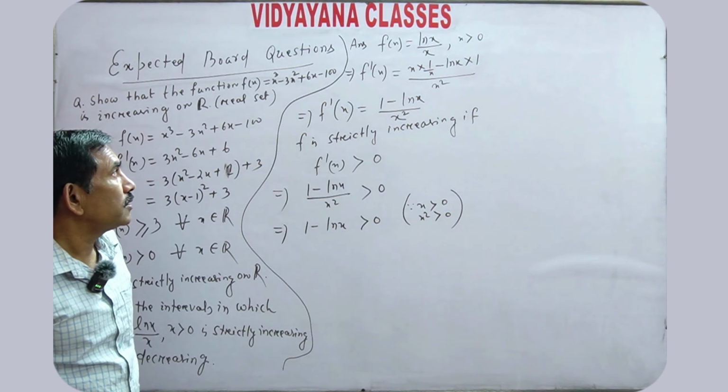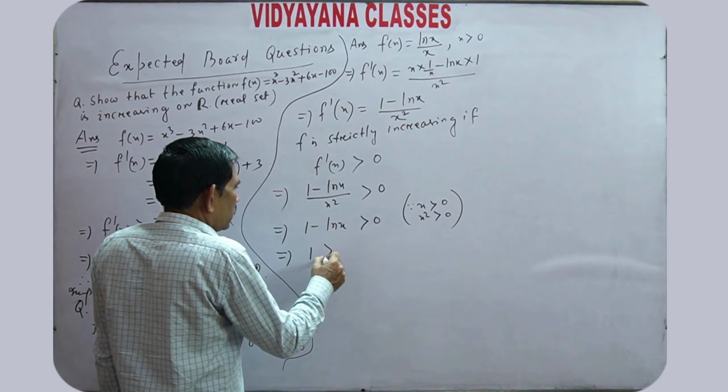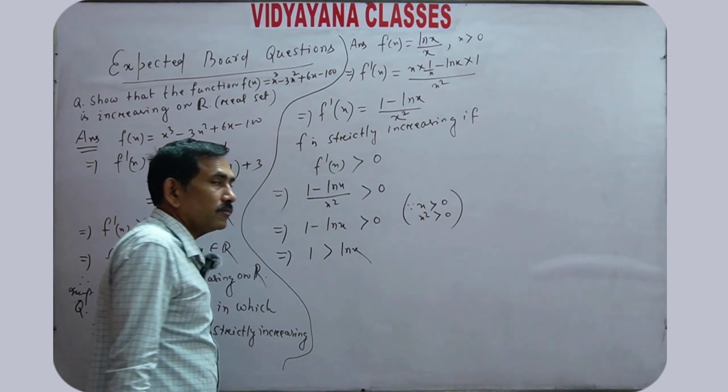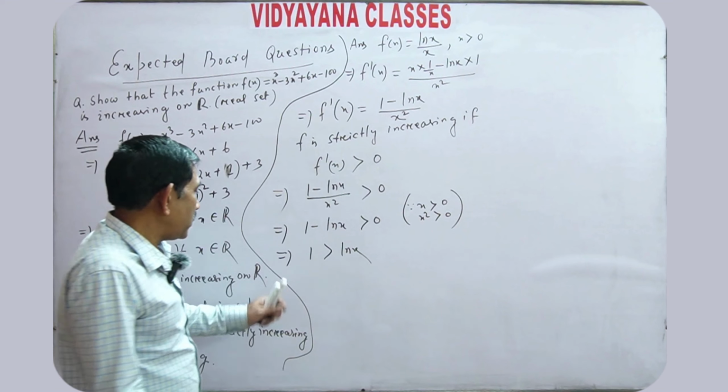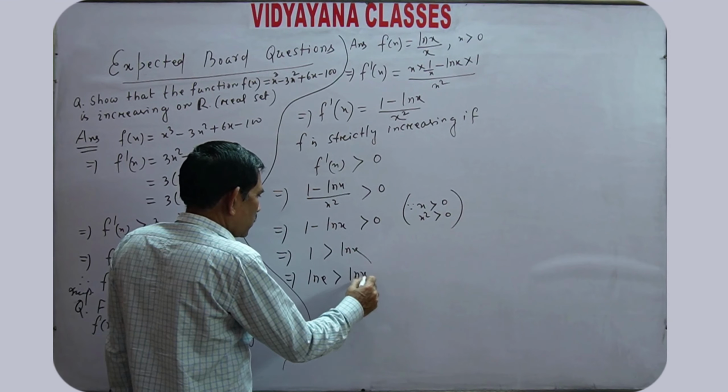Clear? Which implies 1 > ln x. 1 can be written as ln e > ln x.